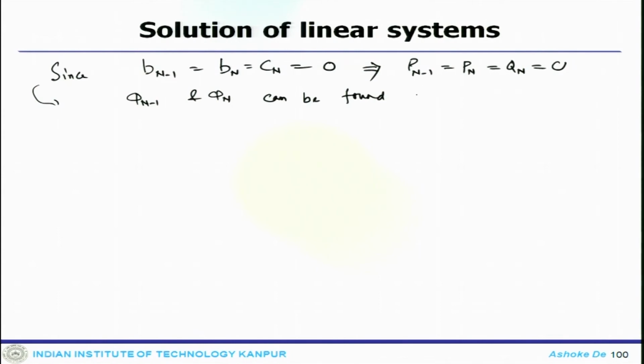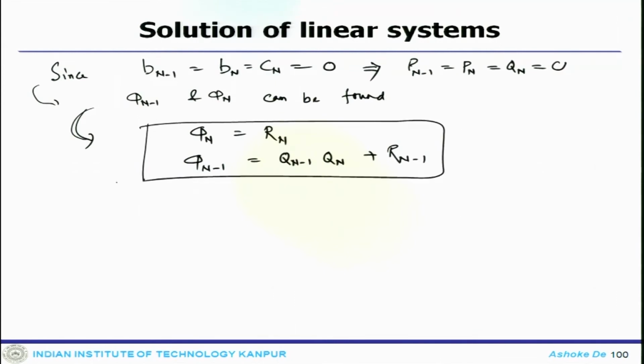Once you get these two, phi n equals Rn and phi n minus 1 equals Qn minus 1 phi n plus Rn minus 1. So the specific ones one can compute. All these expressions, if you put them back in the system, then you can get the solution.